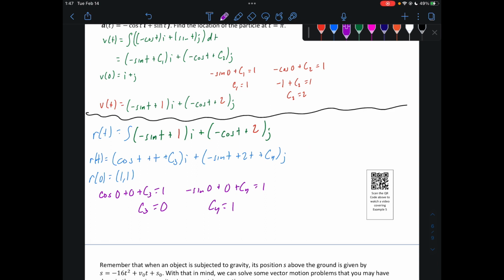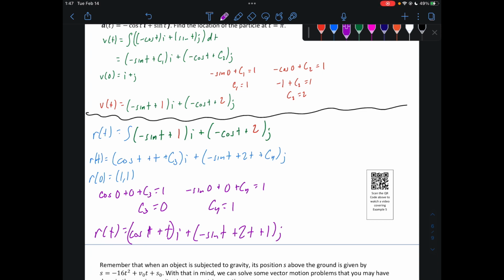All right, so then r of t can be written as cosine of t plus t i plus negative sine of t plus 2t plus 1 j.